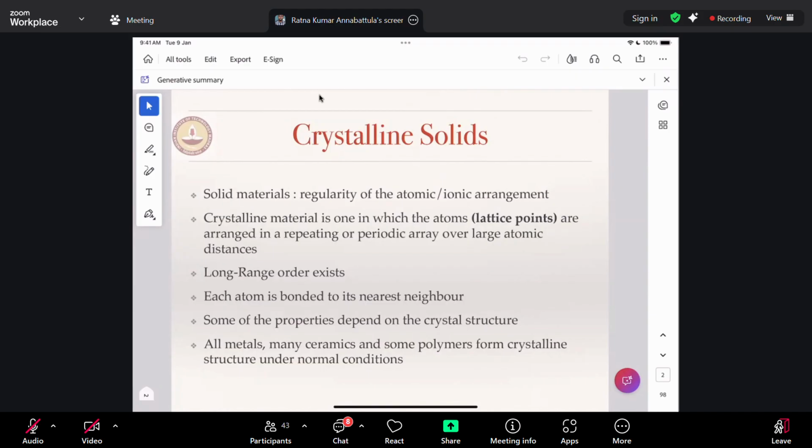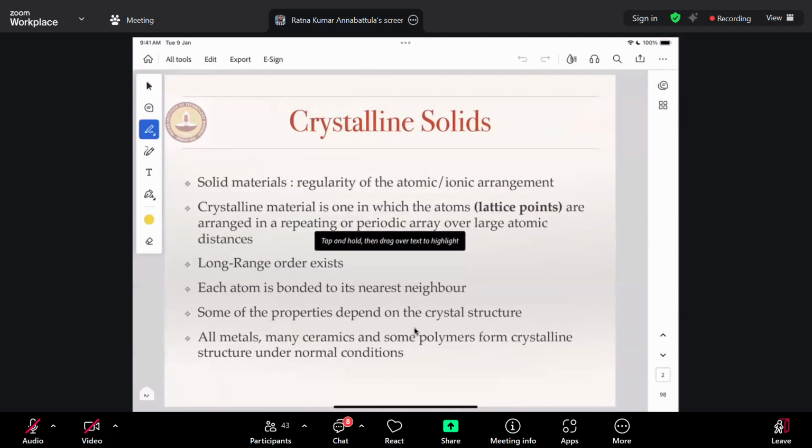That is a necessary condition, but it is not enough. What is more important is that the order should be long range. That is the most important requirement for a crystalline solid.